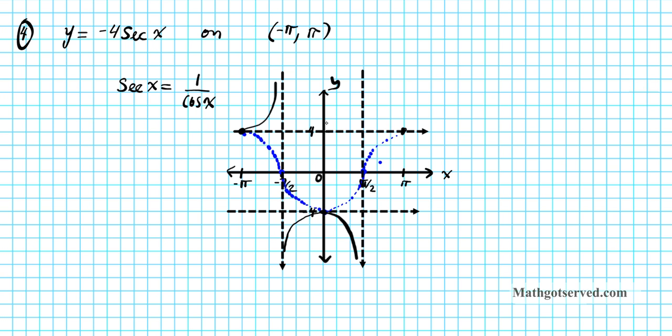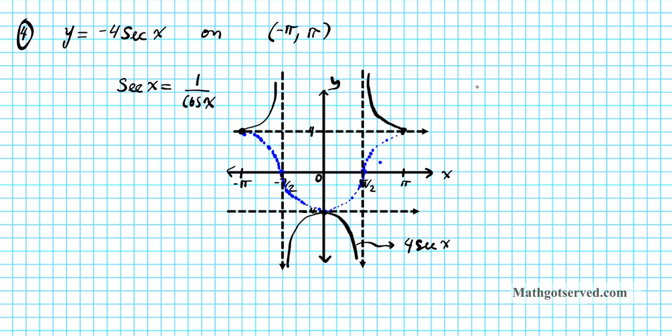Let's draw that portion again. So something like this to that point. So this black portion right here, that is our secant curve. So this is for secant x.